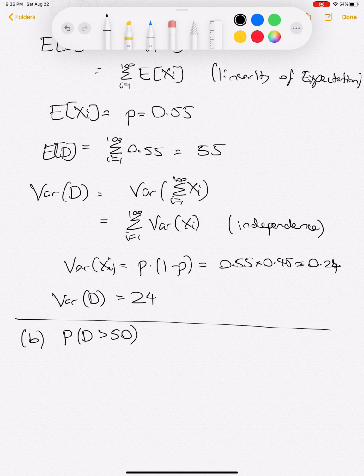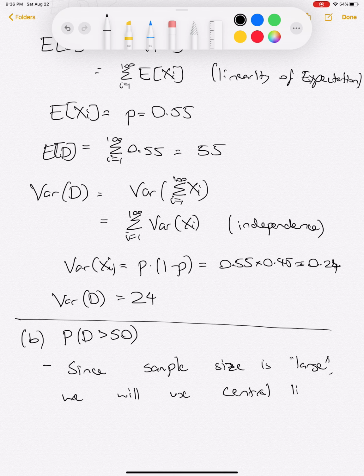But what we're going to do instead is, since the sample size is in quotes large, we're going to use the central limit theorem.